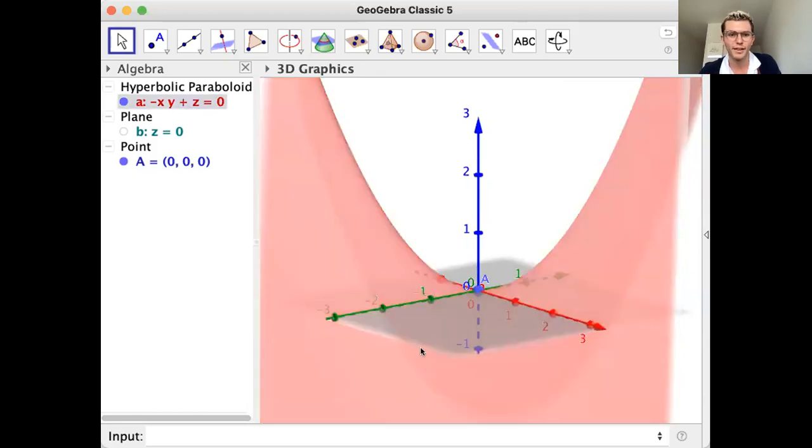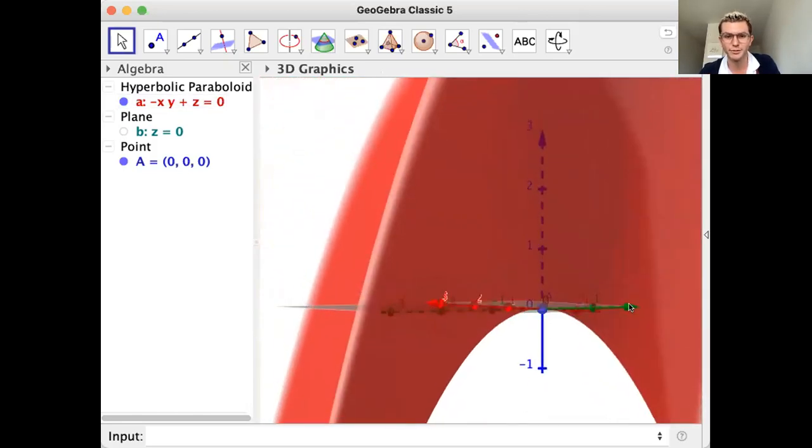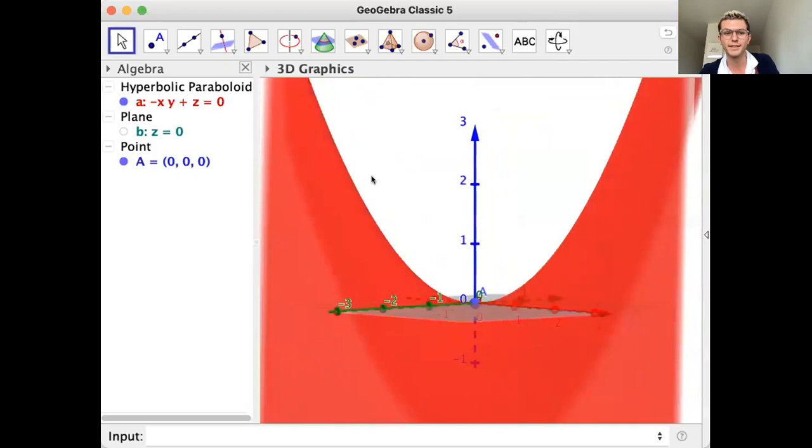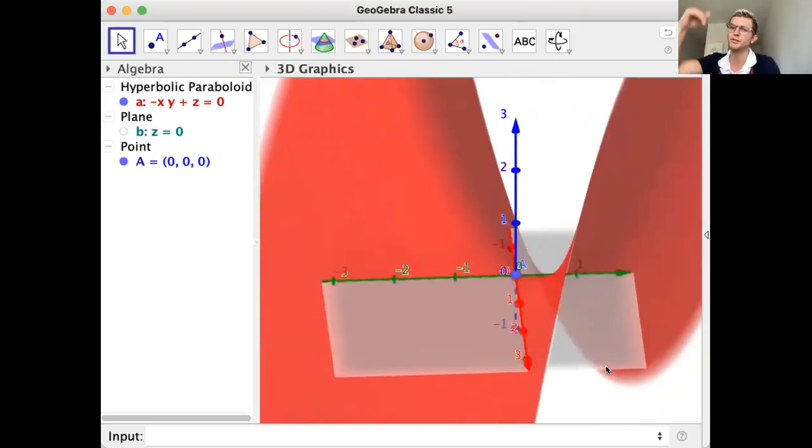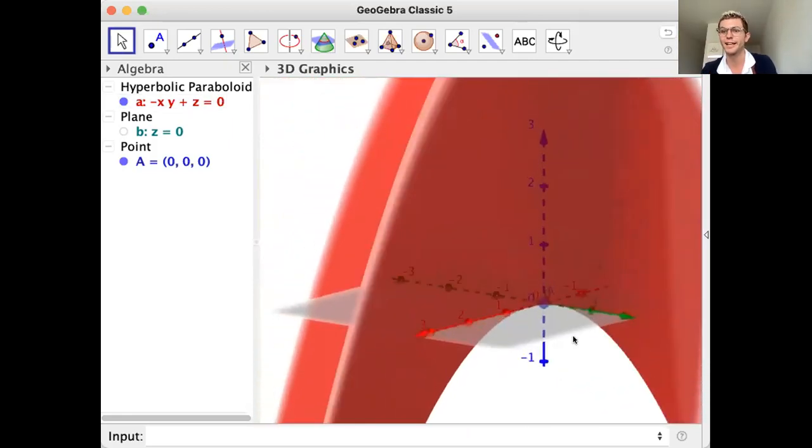But there are other directions like this one, where if you put a ball, in order to get to this point, you have to go up. So there are places where you have to come down, and other places where you have to come up to reach the point. That means there are directions where this point is behaving like a min, and other directions where it is behaving like a max. So this critical point will be called a saddle point, because it's neither a max nor a min.